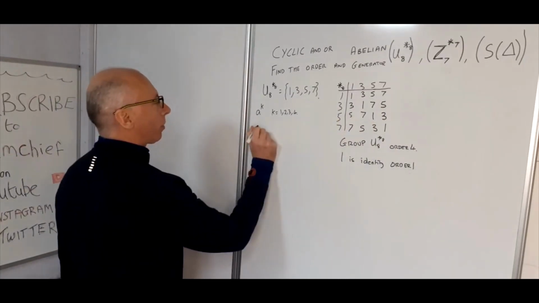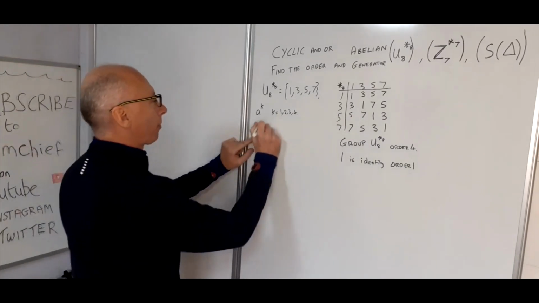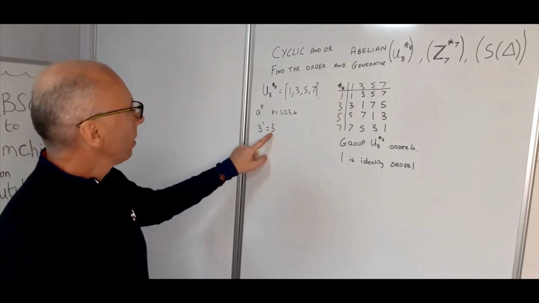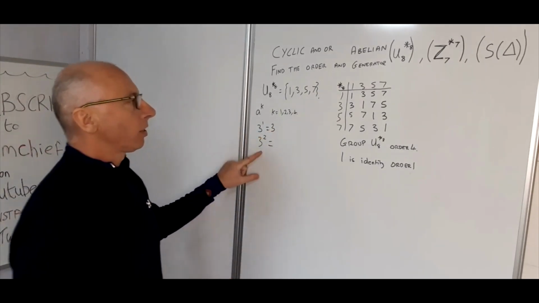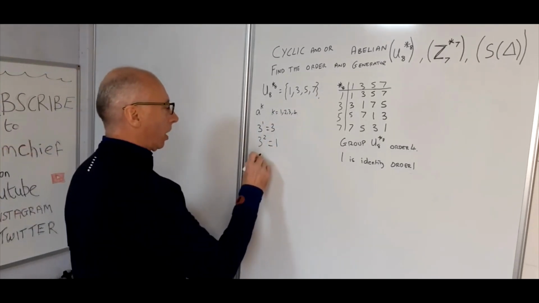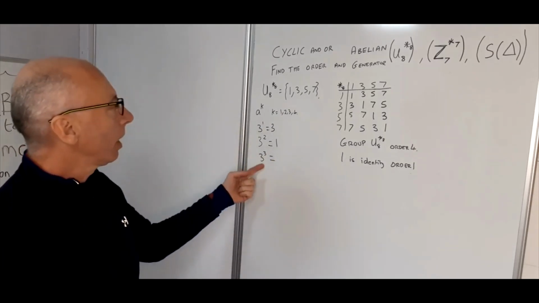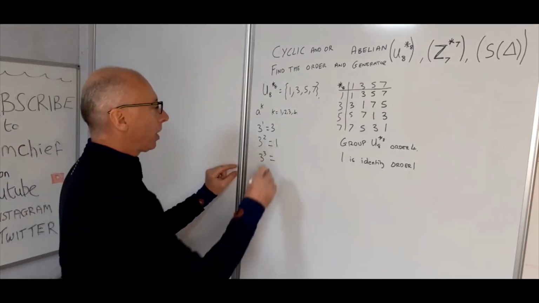So let's start with 3 to see how that works. 3 to the power of 1 is 3, modulus 8, that stays. 3 squared is 9, modulus 8 gives us 1. And then 3 cubed gives us 27, 27 modulus 8, we're back to 3 again.